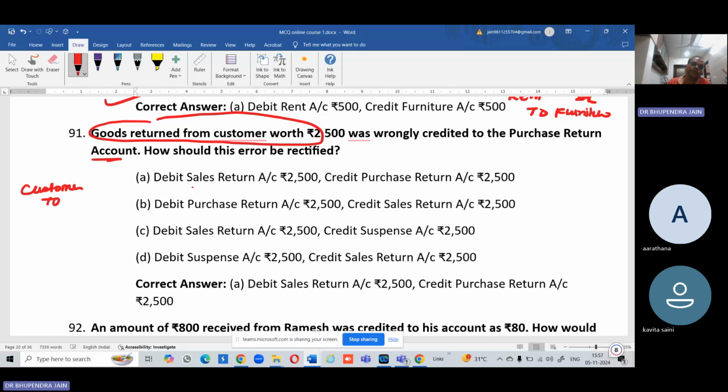The entry should be sales return account debit to customer.